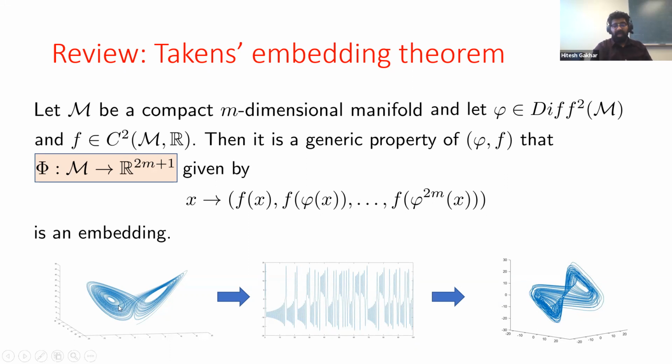In other words, if you have a trajectory, you observe it, and then you use Takens' embedding to recreate something, this recreation is going to be diffeomorphic to the original trajectory.